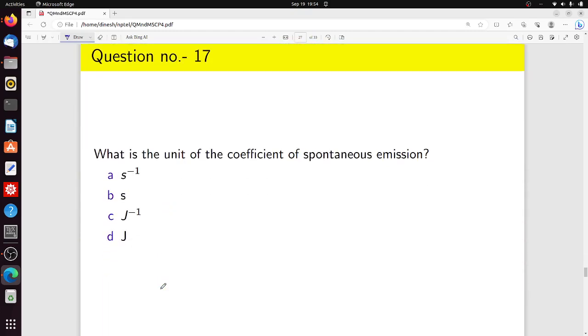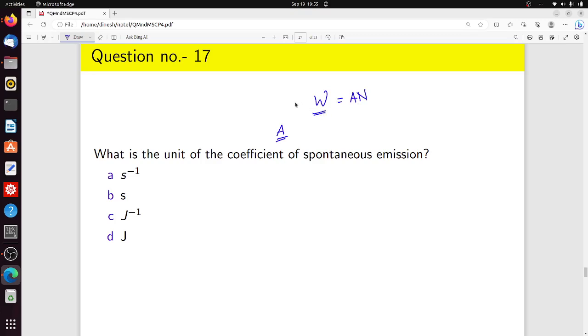Coming to the next question, what is the unit of the coefficient of spontaneous emission? What is the unit of A? See, the rate of spontaneous emission is equal to A times N, right?